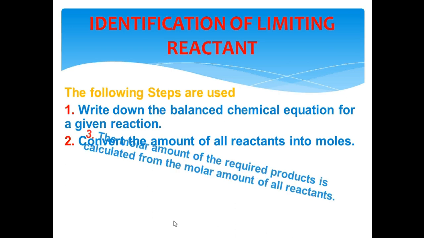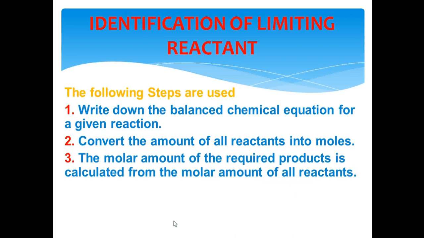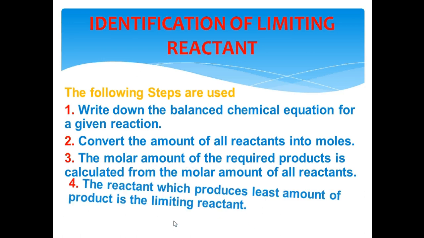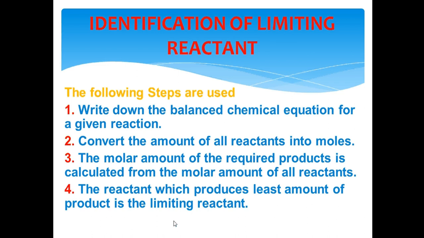Number 3, the molar amount of the required product is calculated from the molar amount of all reactants. The last step for solving the numerical is: the reactant which produces the least amount of product is the limiting reactant.